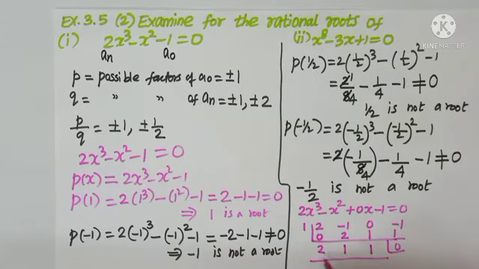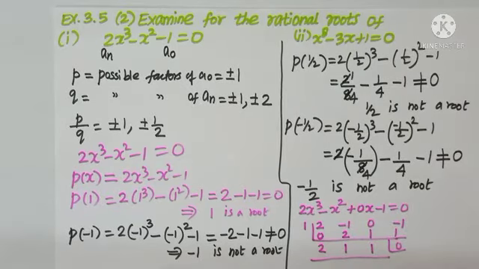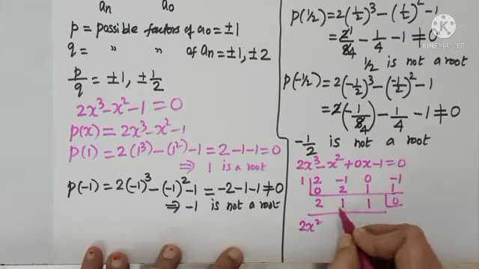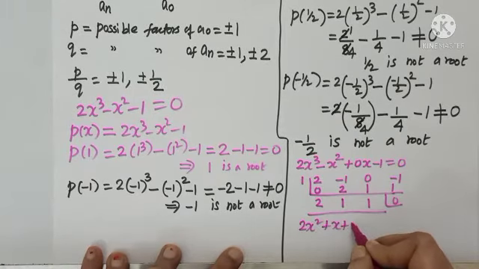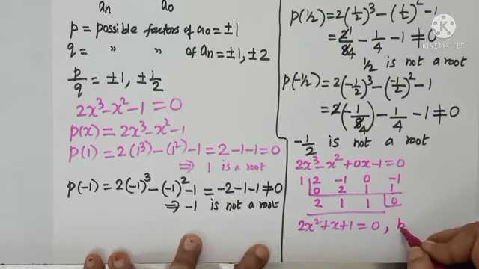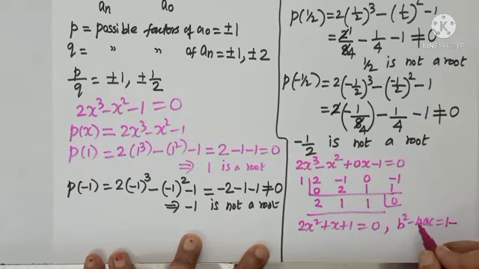Now what is the quadratic factor I get from this? I will say it is 2x squared plus x plus 1 equal to 0. Just by looking I know it is plus 2. So b square minus 4ac: I will have 1 minus 4 into 2 into 1, which is 8.